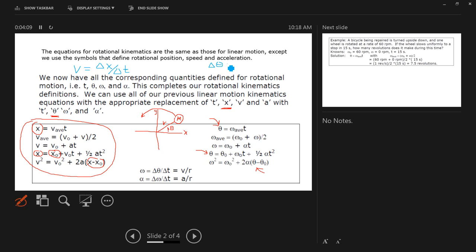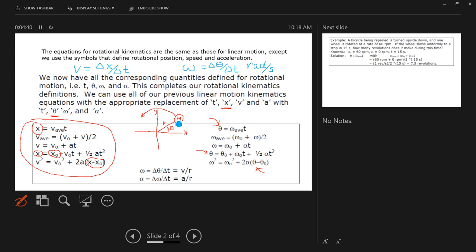So this delta theta over delta t is a measure of the rate at which the angle changes. That's the angular velocity, and we give that the symbol omega, and that's going to be measured in radians per second as opposed to meters per second.